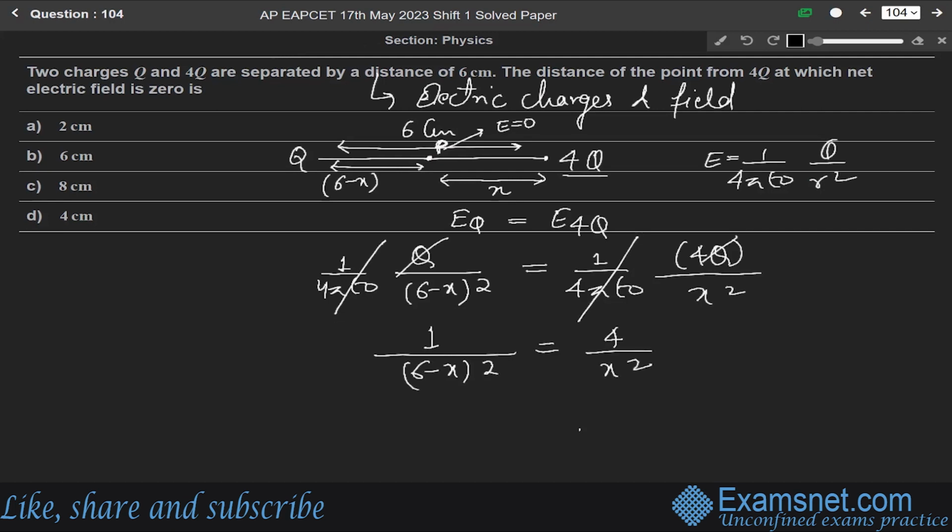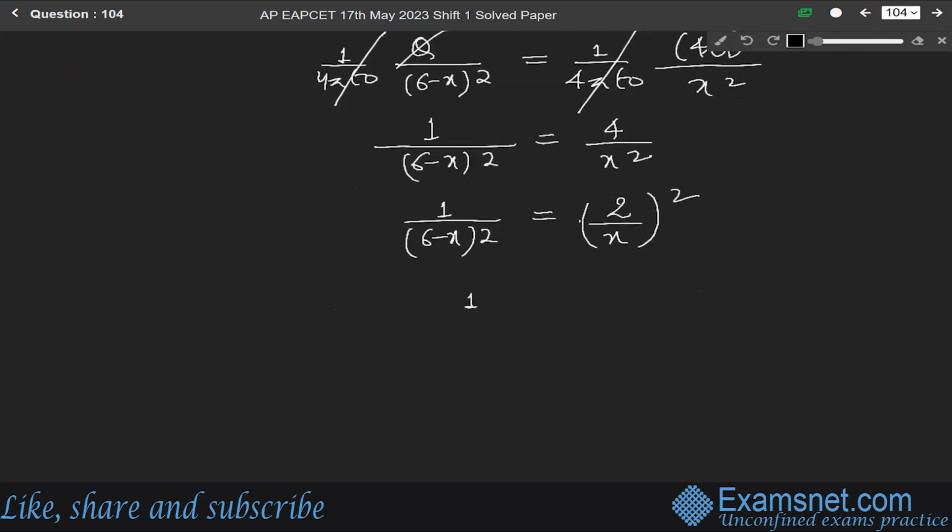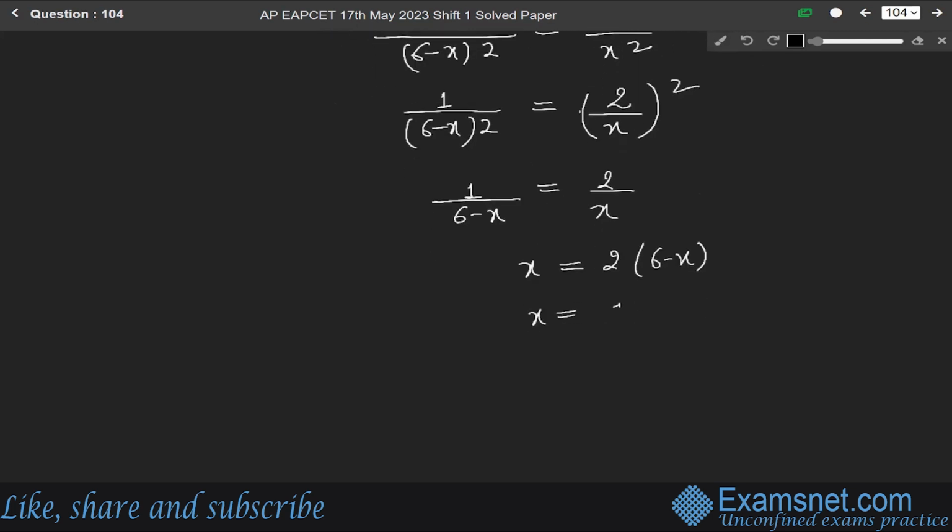Now we can write it as 1 over (6 minus x) equals 2 over x. Now solving it, x equals 2 times (6 minus x), so x equals 12 minus 2x. So 3x equals 12, so x equals 4.